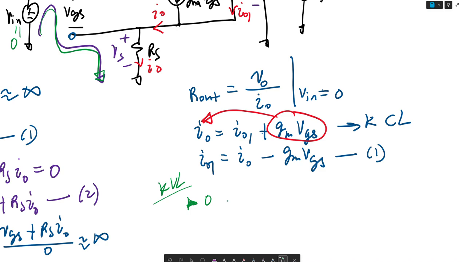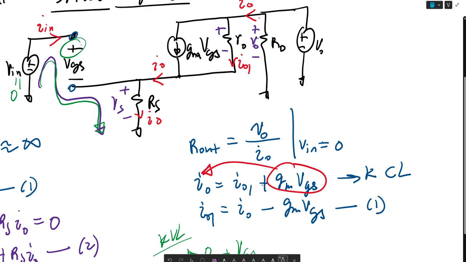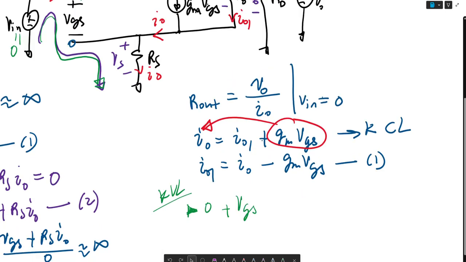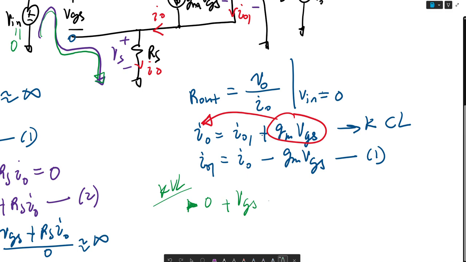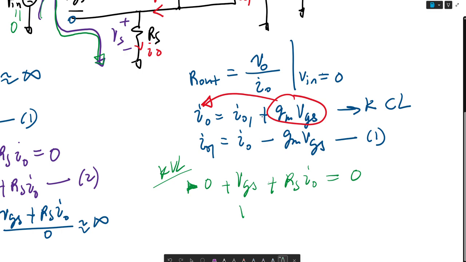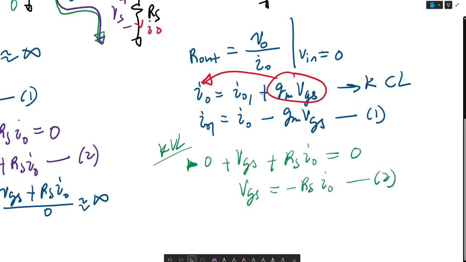We get 0 plus VGS because we're going into the positive terminal of VGS plus RS IO is equal to 0. So we can solve for VGS as being equal to negative RS IO. So this is our second equation.